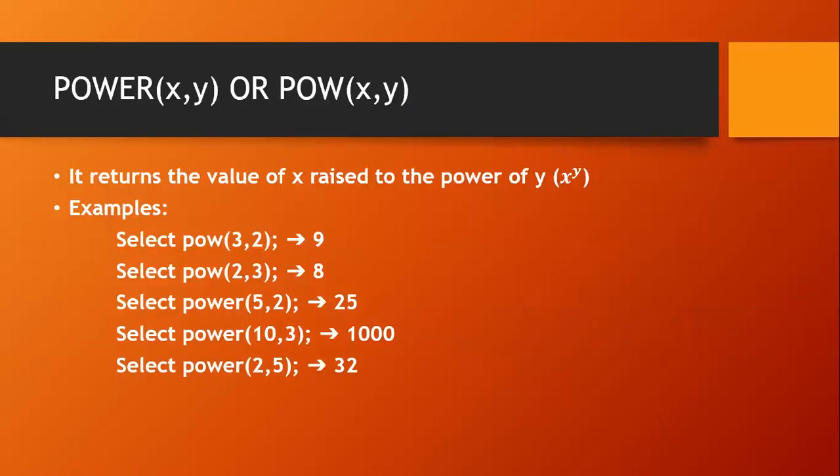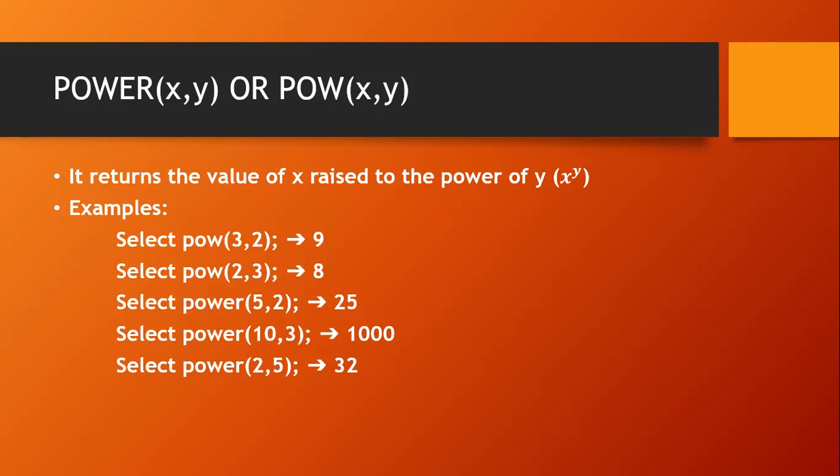The first function is power of x comma y, or pow of x comma y. This function returns the value of x raised to the power of y. That is, in the given example, select pow 3, 2.